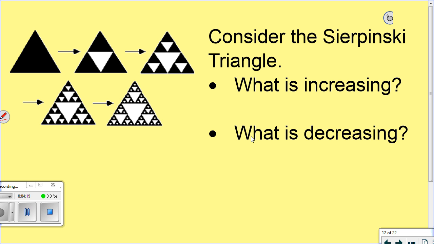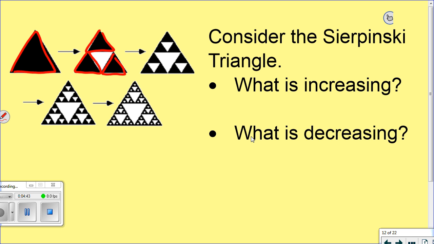Okay. We start out with shaded, and then we follow our rule to create these 3 upward facing triangles. The area of the shaded region is decreasing because we've taken a chunk out, if you can look at it that way, of that shaded region.